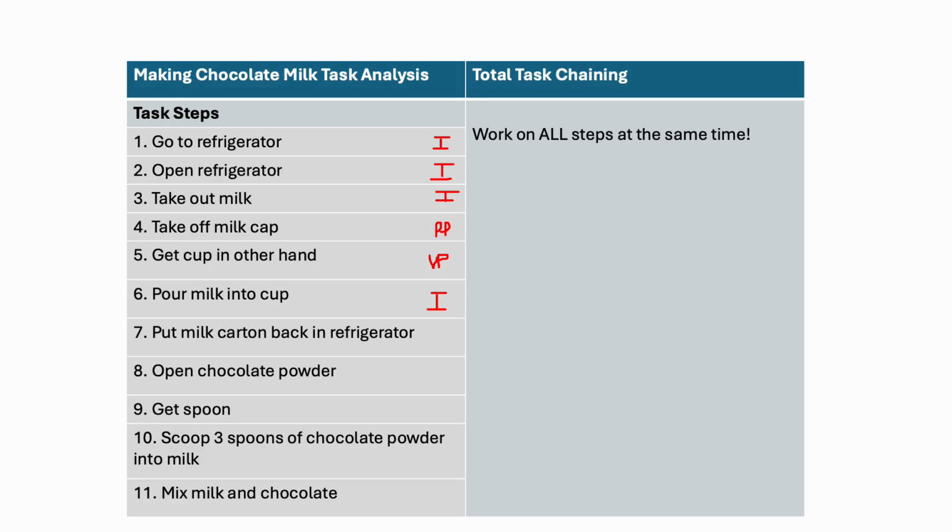I'm going to collect data to see how they are progressing with the particular skill. So putting milk carton in the refrigerator, let's say I had to use a gestural prompt, meaning that I pointed at the refrigerator to remind them that they should put the milk carton back in the fridge. Open chocolate milk, let's say I provided a partial physical prompt here. Getting the spoon, maybe they did that independently.